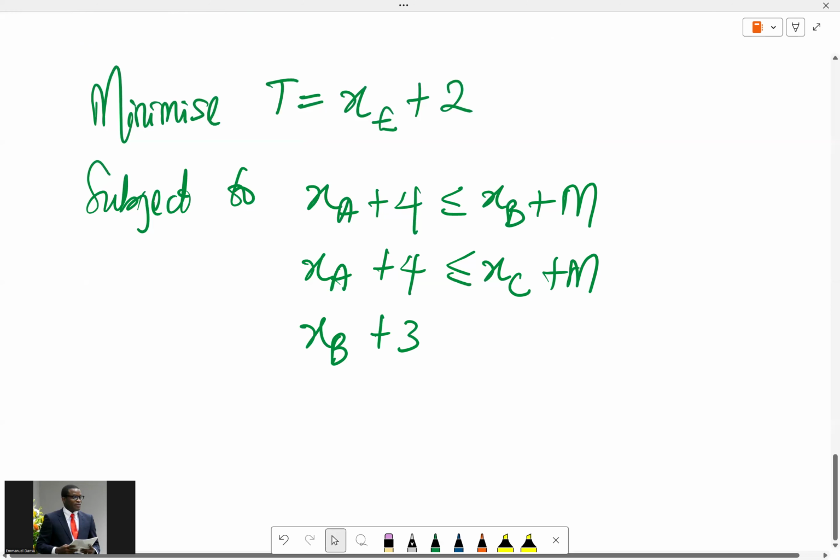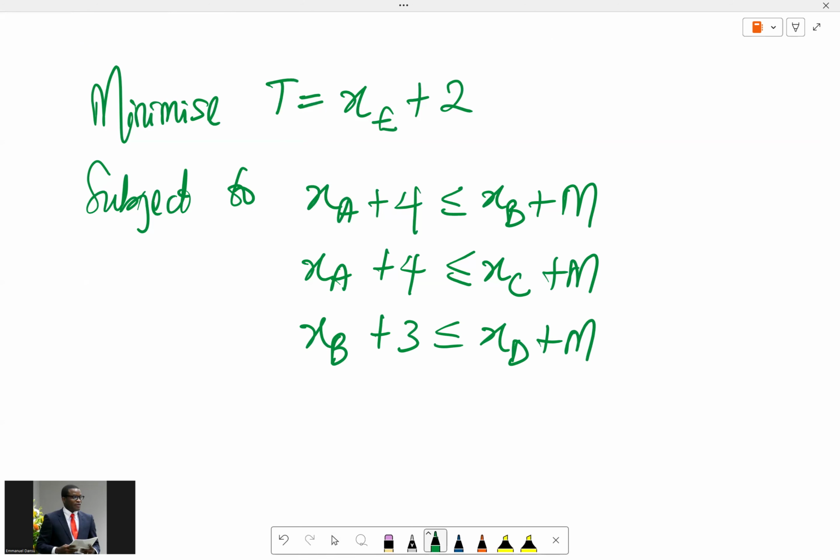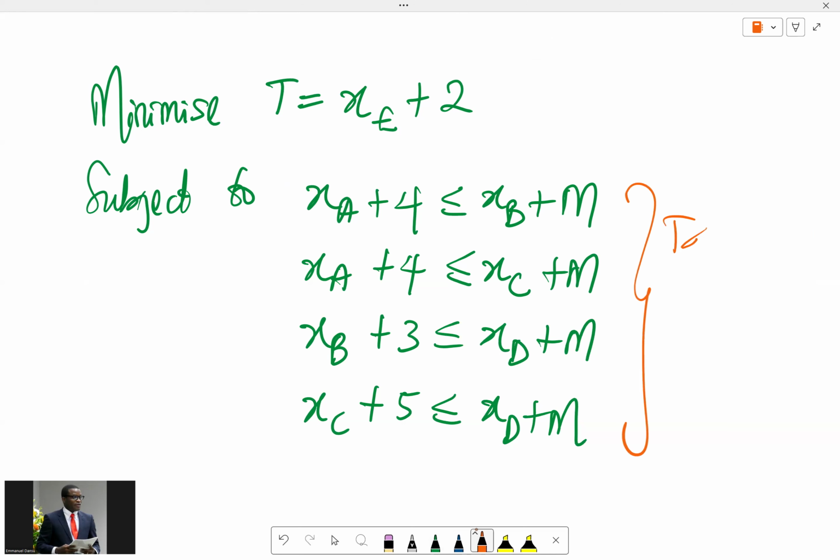So XB plus 3 is less than or equal to XD plus M. Then again, we have XC plus 5 is less than or equal to XD plus M. Okay, so XA plus 4 is less than or equal to XB plus M, XA plus 4 is less than or equal to XC plus M, then XB plus 3 is less than or equal to XD plus M, and XC plus 5 is less than or equal to XD plus M. So all of these are the task duration constraints.